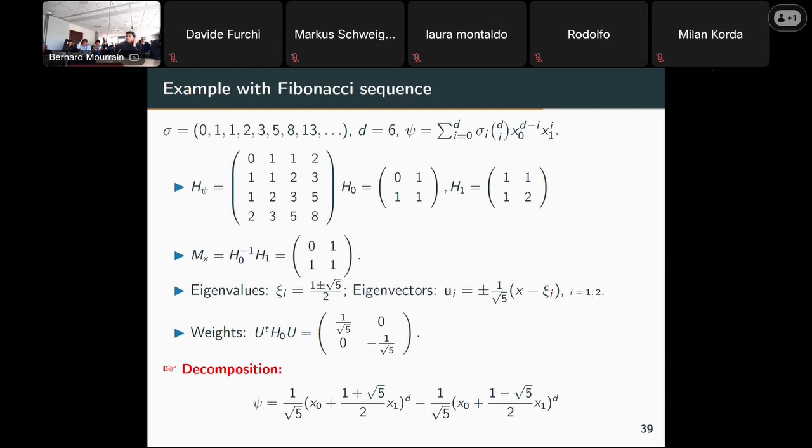H1: 1, 1, 1, 2. We multiply it by the inverse of H0, and we get 0, 1, 1, 1. And here you recognize the companion matrix of the polynomial x squared minus x minus 1.